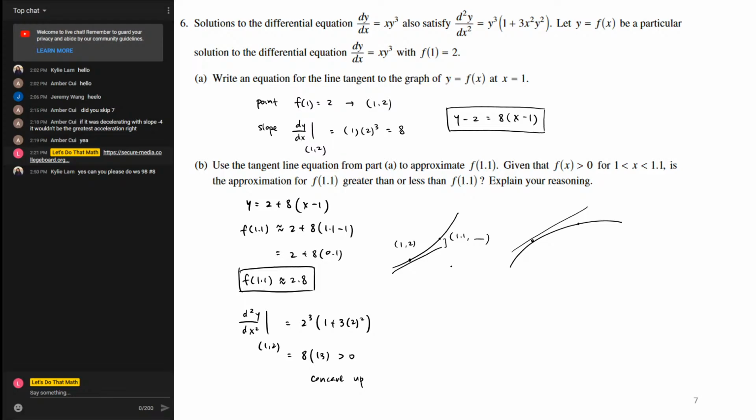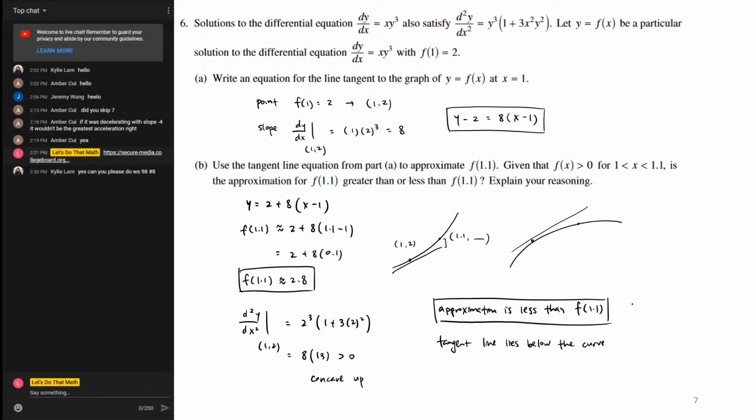So we're going to say that our approximation is less than the true value of f(1.1) because our function is concave up and the tangent line lies below the curve at 1.1.